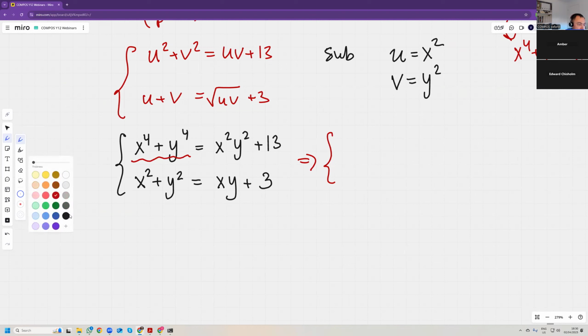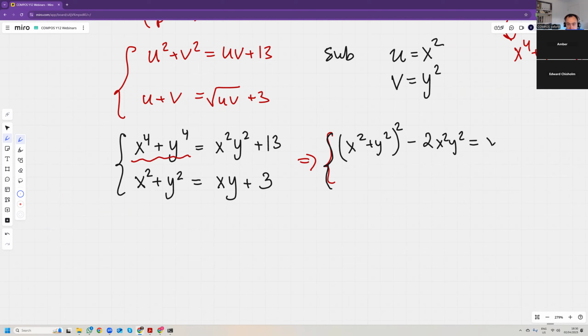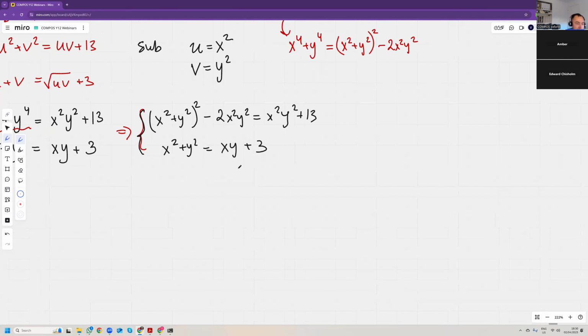And that becomes x squared plus y squared, squared, minus 2x squared y squared equals x squared y squared plus 13. On the bottom we have x squared plus y squared equals xy plus 3. And that means that here we can substitute this bit in.